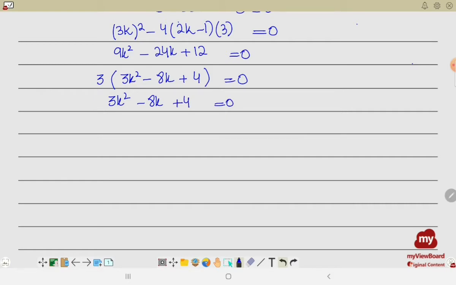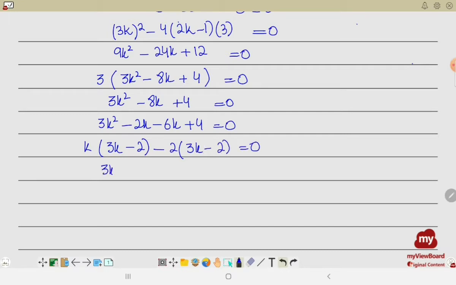So 3 times 4 is 12, and we are going to break 8 as minus 2k minus 6k plus 4. So k is the common factor, 3k minus 2, and here 2 is the common factor, 3k minus 2, is equal to 0. 3k minus 2 and k minus 2.